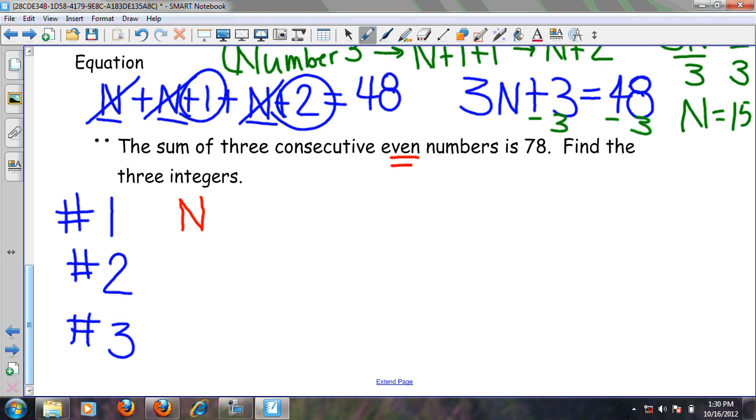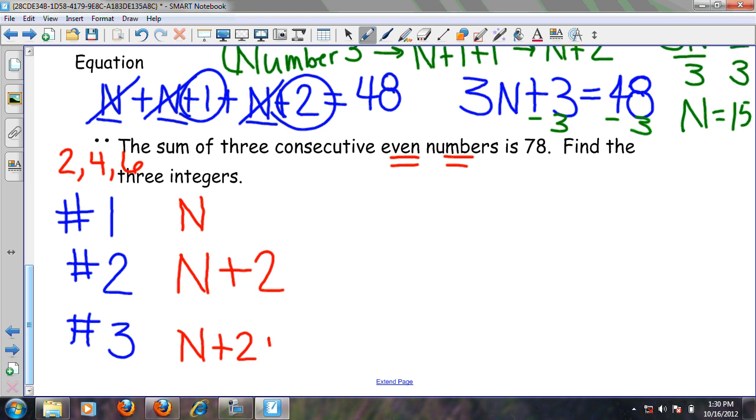These are even numbers. So my second number, is it going to be n plus 1? If I'm doing even numbers, that's like 2, 4, 6. From my first number to my second number is how much? 2. So it's n plus 2. For my third number, from 4 to 6, it's 2 more. n plus 2 plus 2, or n plus 4.